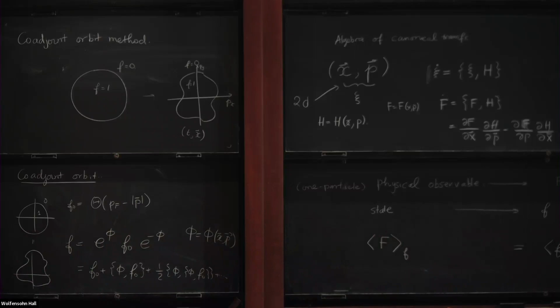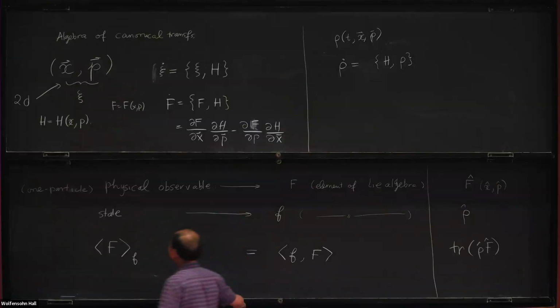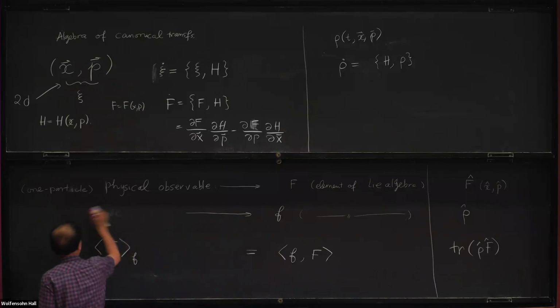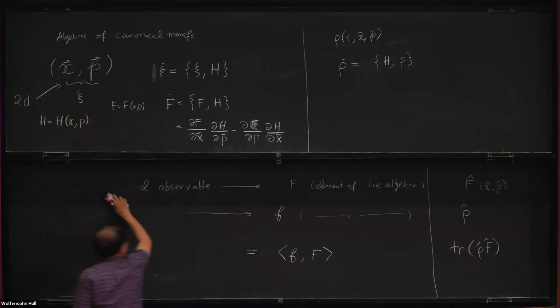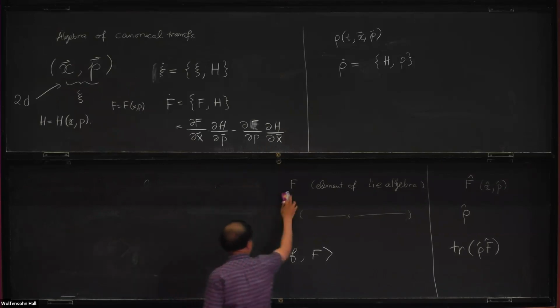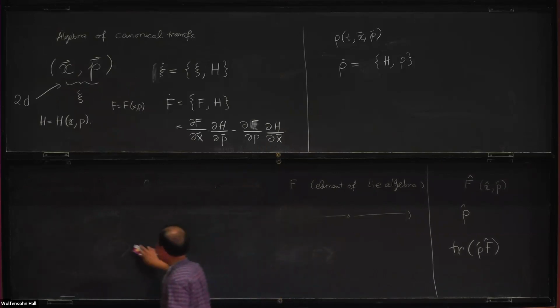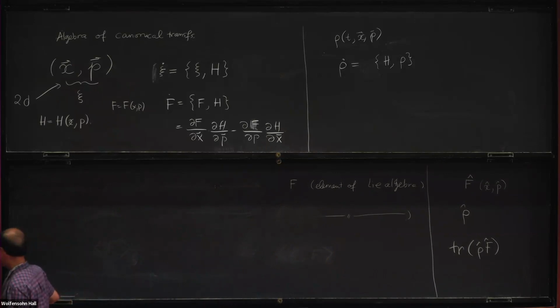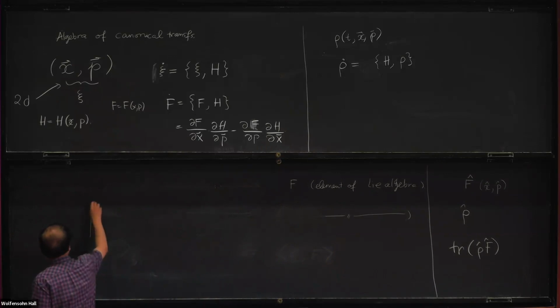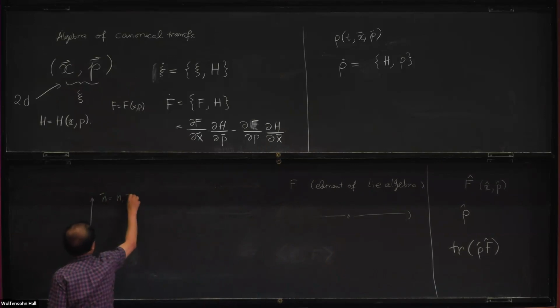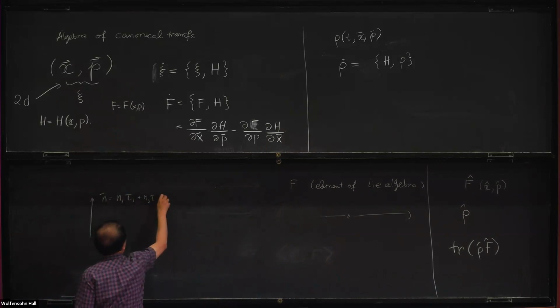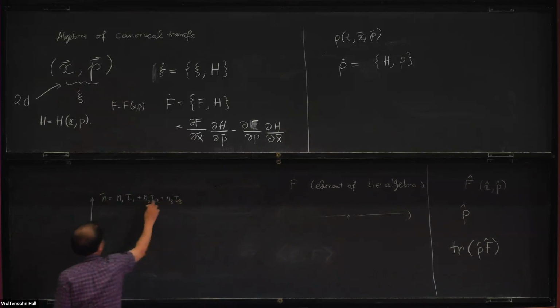So what is the finite-dimensional equivalent of this co-adjoint orbit? Instead of the group of canonical transformations, we can think about spin, for example, in SU(2). We can take a generator, which is some vector n, which is n1 tau1, n2 tau2, n3 tau3, where tau1, tau2, tau3 are the three generators of the SU(2) group.